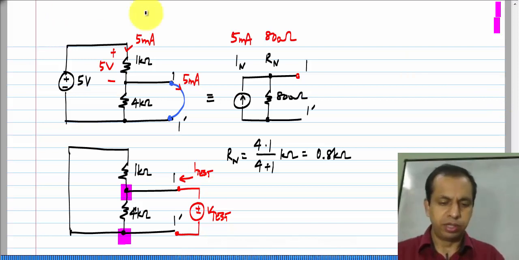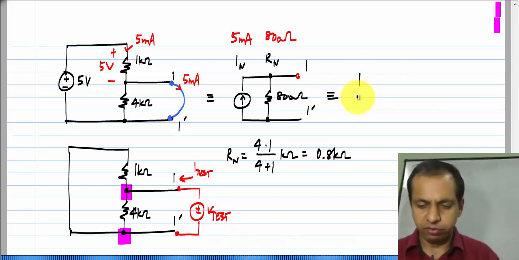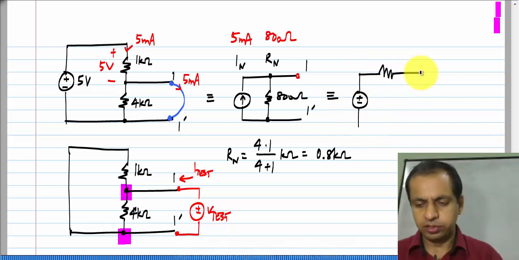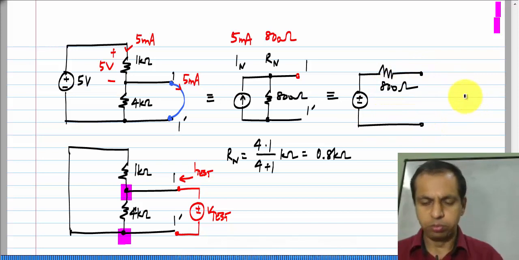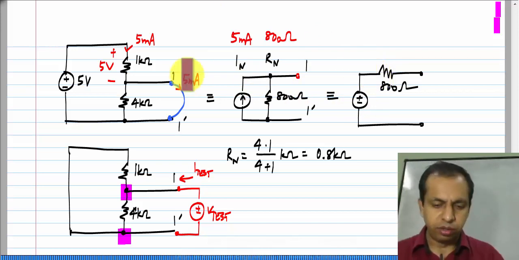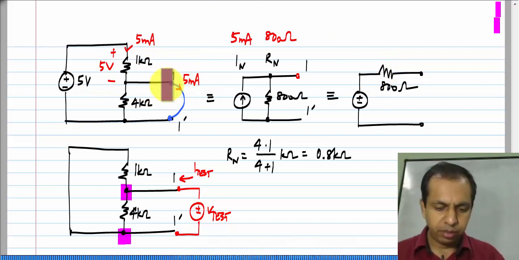Now, just for completeness, if we evaluate the Thevenin equivalent, the Thevenin resistance will be the same as this, it will be 800 ohms. And the Thevenin voltage will be I n times R n as we evaluated earlier. You can also deduce that by computing the open circuit voltage between 1 and 1 prime.